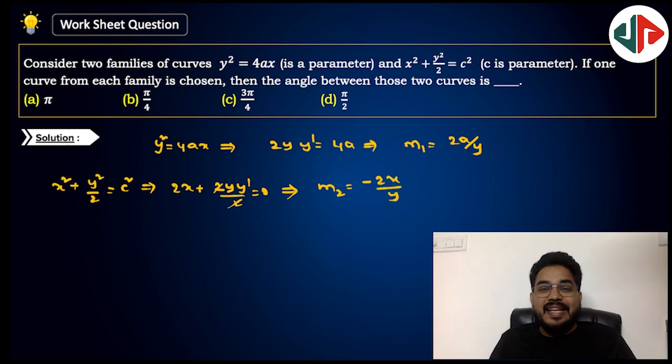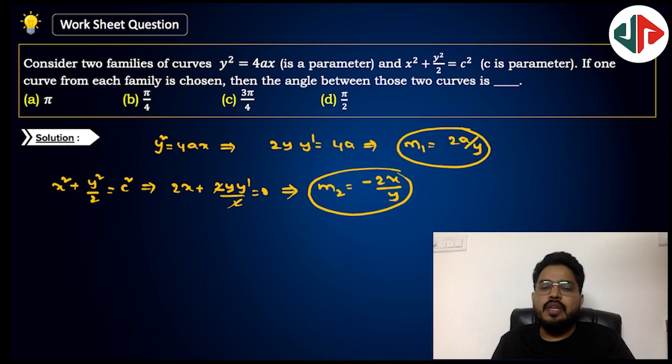Okay. Now, the issue is the point of intersection of these two. You need to find the slope only at the point of intersection. For example, x1, y1 is a point. So you'll get y1 square is equal to 4ax1.